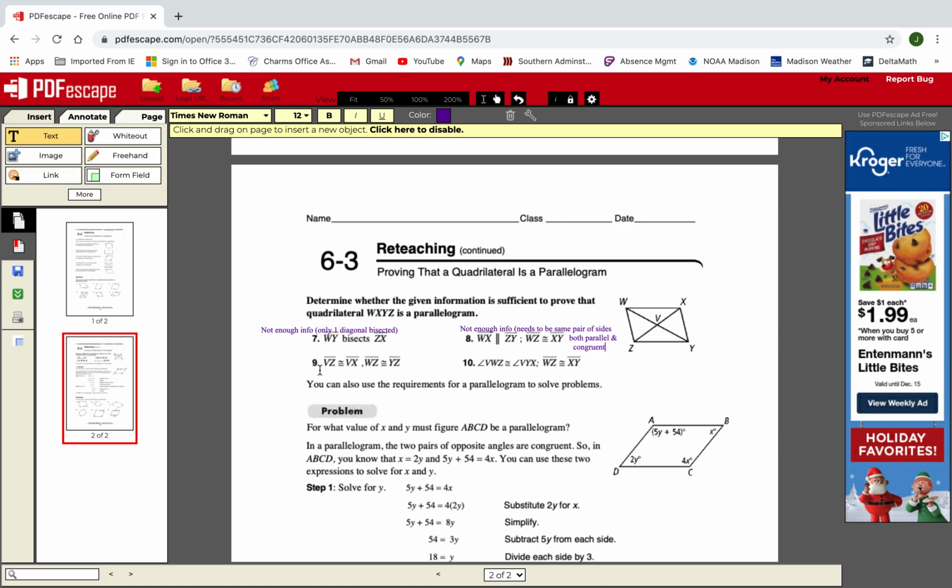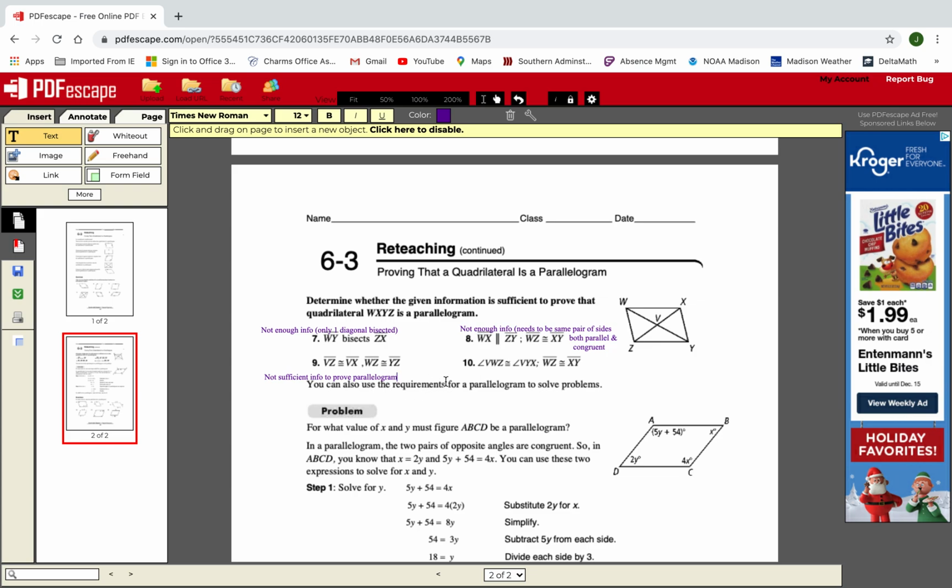And number 9 says that VZ is congruent to VX and WZ is congruent to YZ. WZ congruent to YZ? No, this one's all over the place. Not sufficient information. Okay.